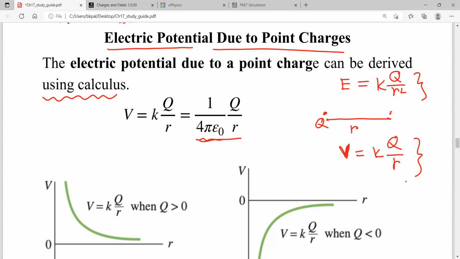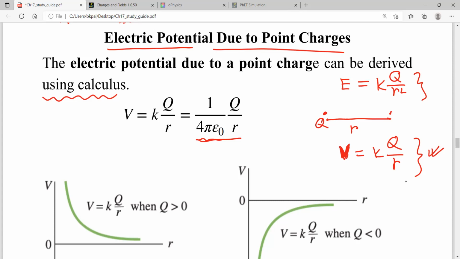But remember that when you calculate the potential by using this equation, for a positive charge you don't need to worry about the sign, but when you are calculating a potential for a negative charge, make sure you enter the negative value.